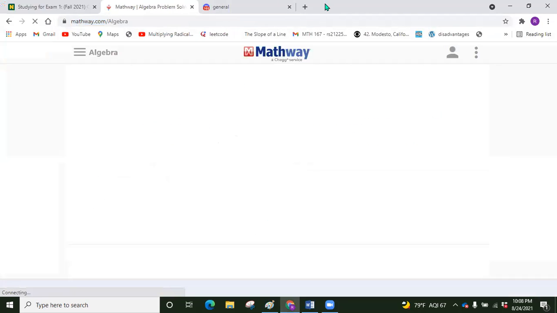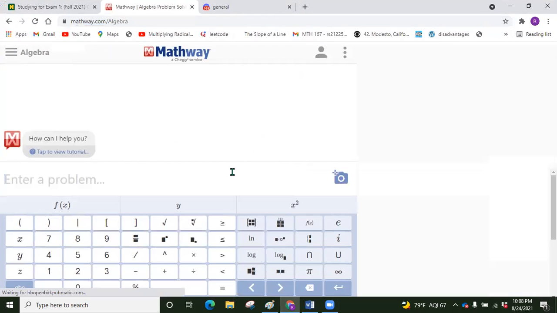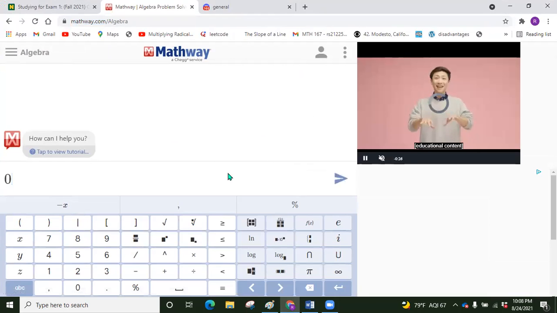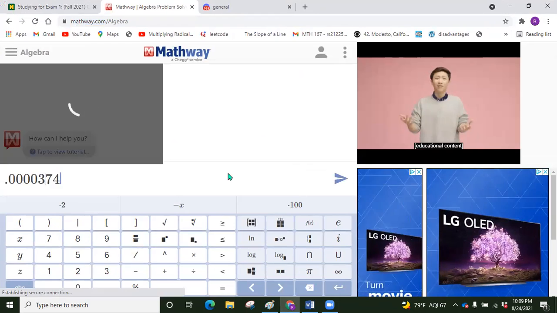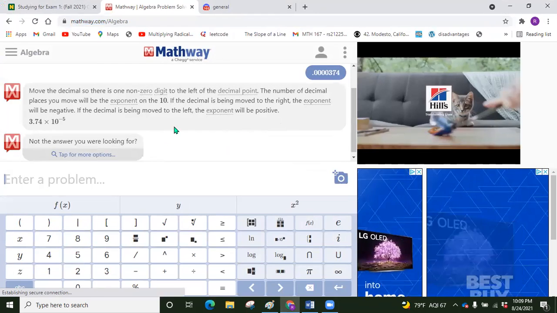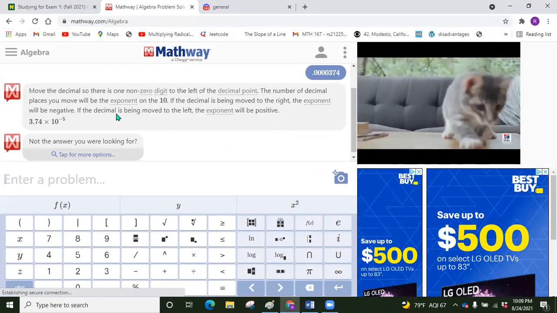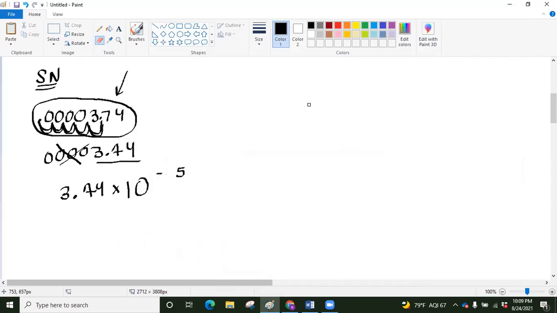If we take our number here, 0.0000374, this will convert it to scientific notation. You can see that's 3.74 times 10 to the power -5, which was our answer.